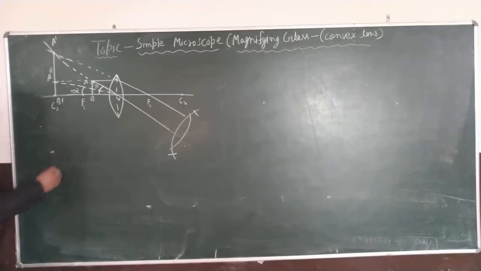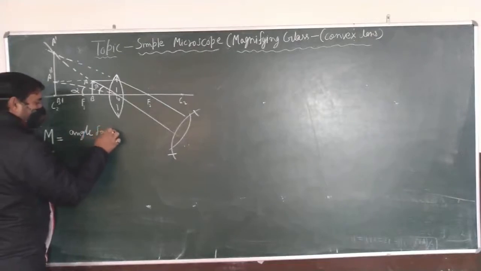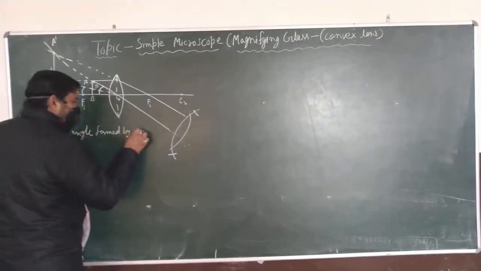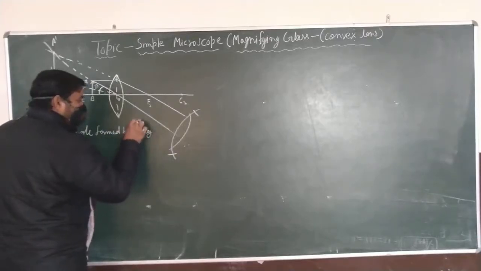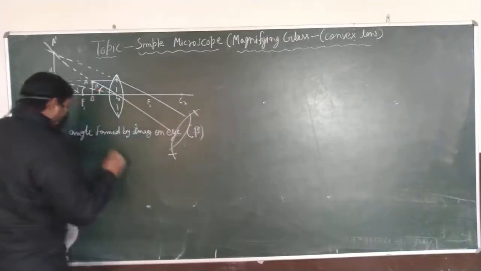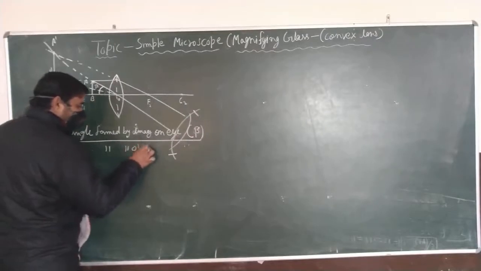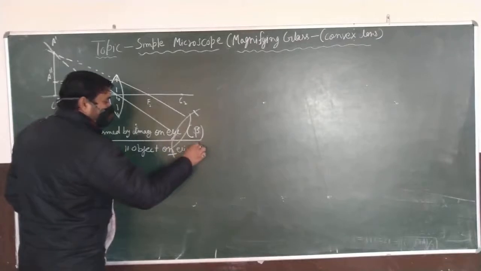That is, magnifying power is defined as capital M. Magnifying power of a microscope is defined as the ratio of the angle formed by the image on the eye, which is beta, to the angle formed by the object on the eye, that is alpha.